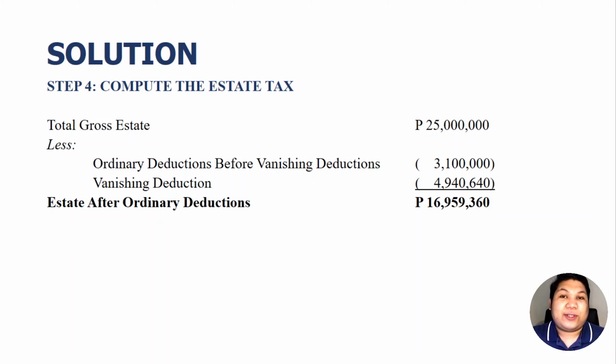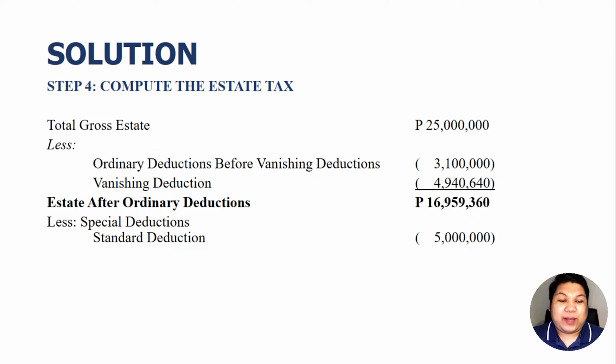We can now deduct also the special deductions, in which we have 3: the standard, the family home, and the RA 4917, in which in this case we have no benefits received from RA 4917. So the special deductions we have here are the standard deduction, which is 5 million, and of course the family home, that is 7 million. If you go back to the problem in step 1, you will notice that the same amount, 7 million, is deducted in this case.